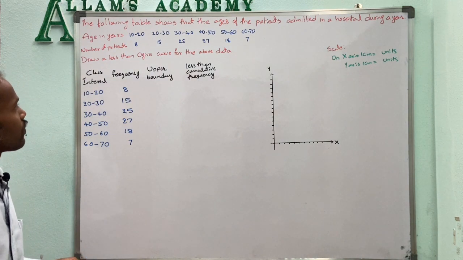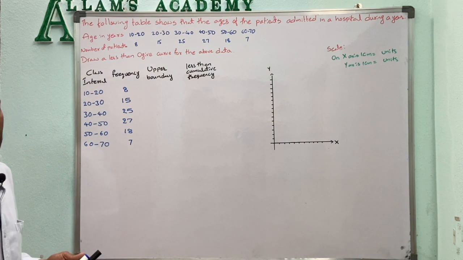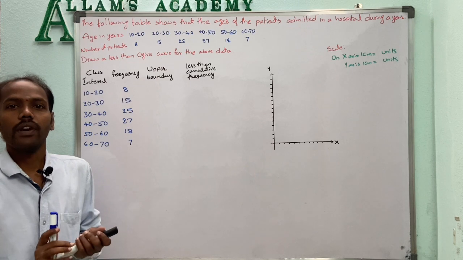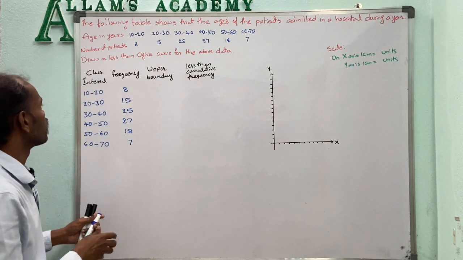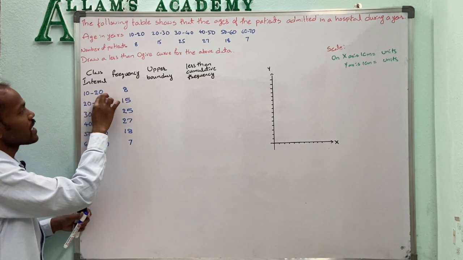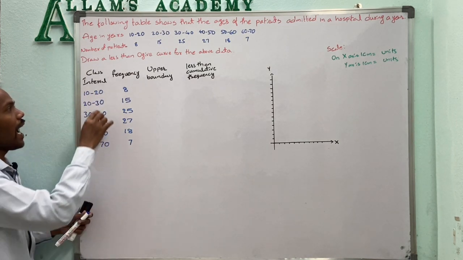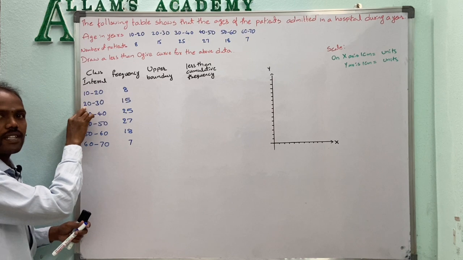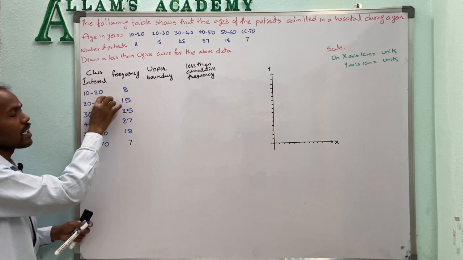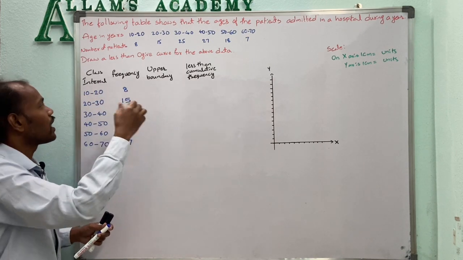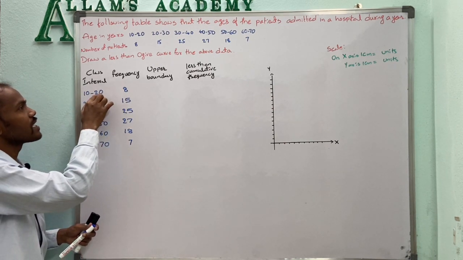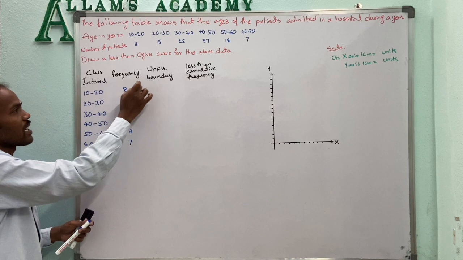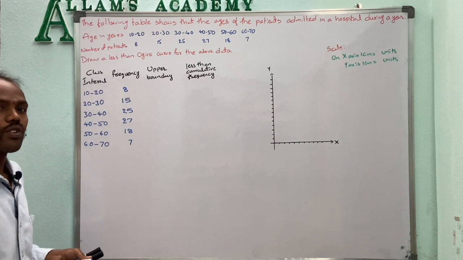So first we find the upper boundaries. We already learnt how to find the boundary of a given class interval: the average of the class interval's upper limit and the next class interval's lower limit is taken as that class interval's upper boundary.